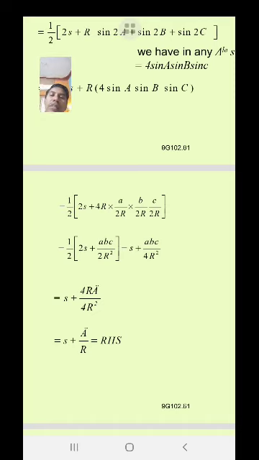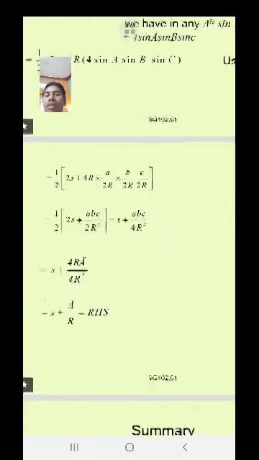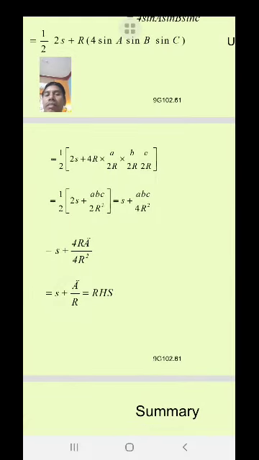If you multiply with 1 by 2 in the bracketed terms, it equals s plus abc by 4R square, then abc we can write as 4R into delta, so 4R cancelled, then delta by R, so s plus delta by R. This is the RHS.